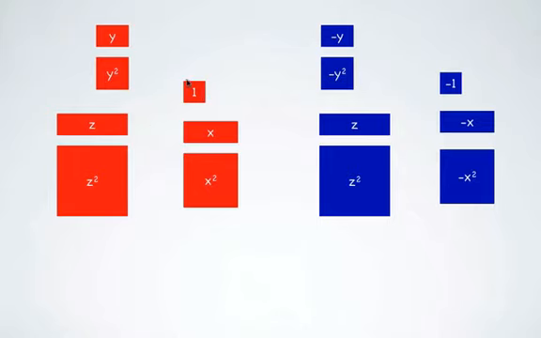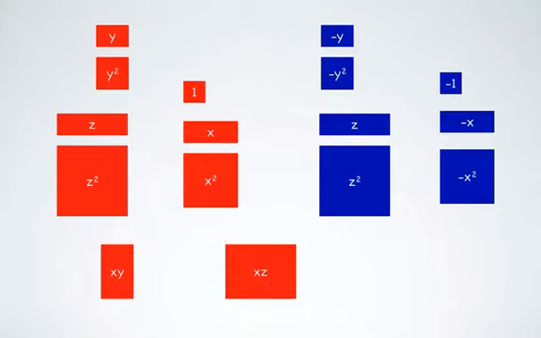Notice that 1 is a perfect square, and negative 1 is also a perfect square. Then we have our x's, our y's, and our z's. And then we have our x squares, y squares, and z squares. We also have x and y, and x and z.